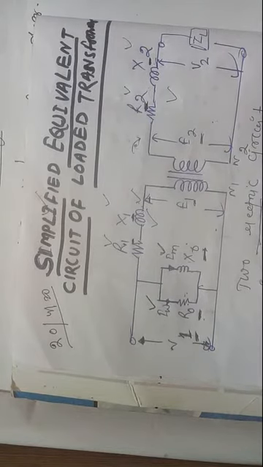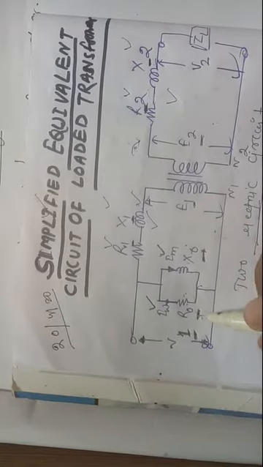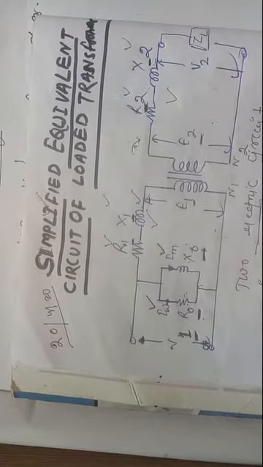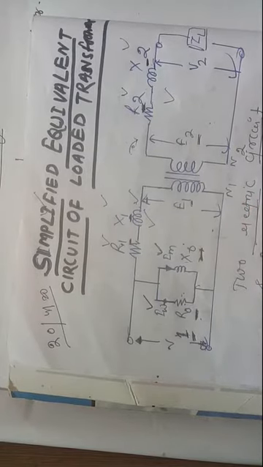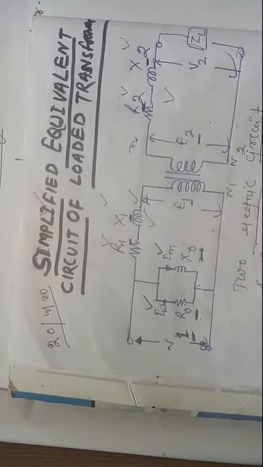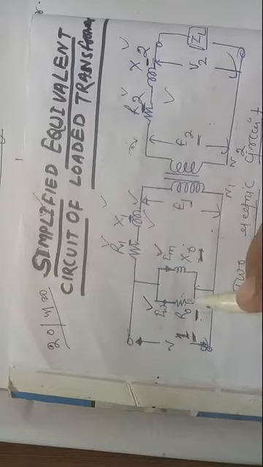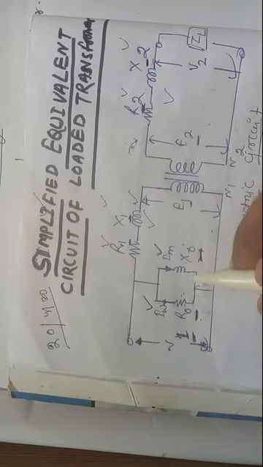Now this parallel branch of R0 and X0 represents the no load equivalent circuit. R0 represents the core loss.